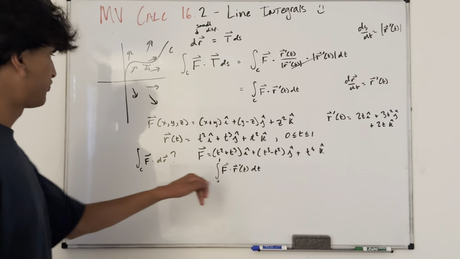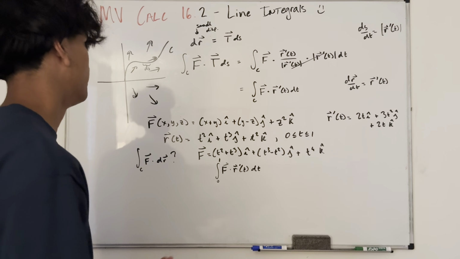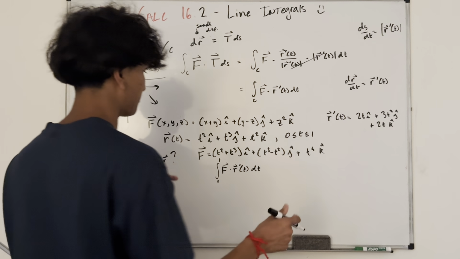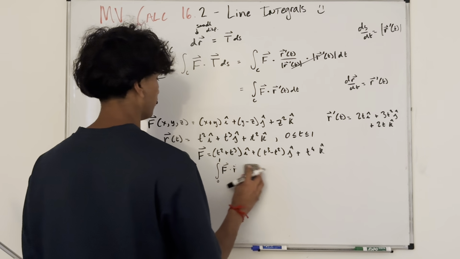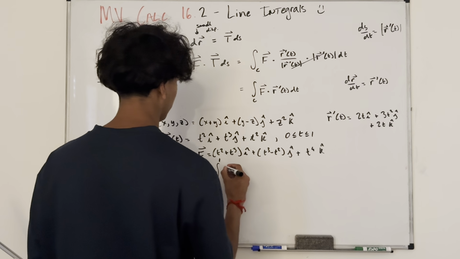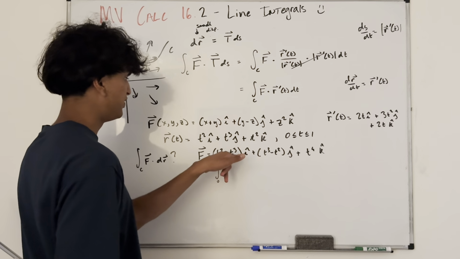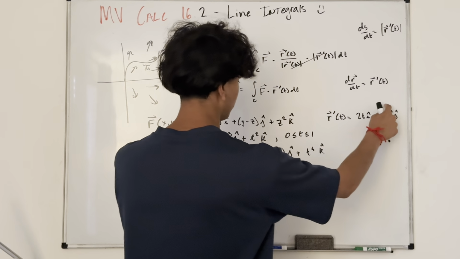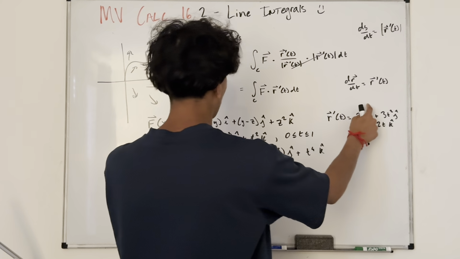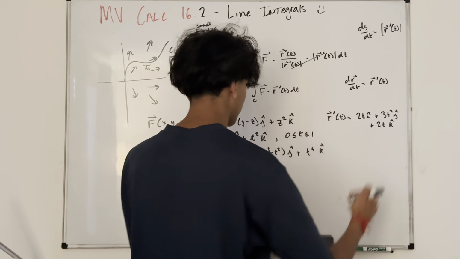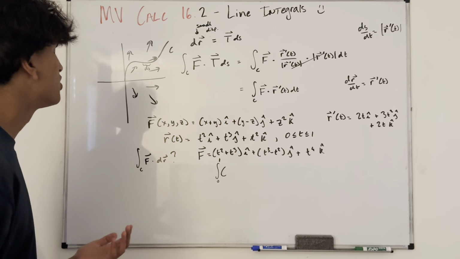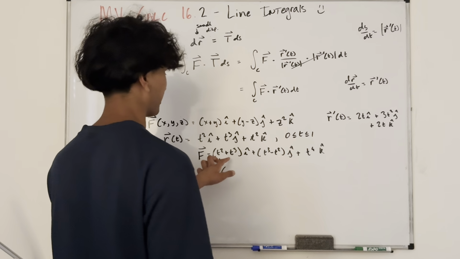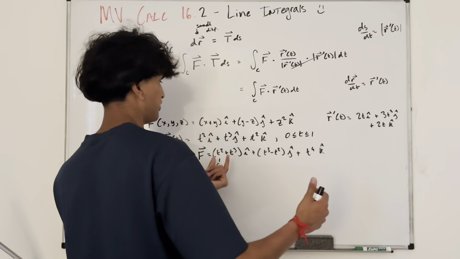So if we're going to do f dot r prime of t, then we just have to do the dot product. And the dot product's not too bad. It's just doing this times this plus this times this, so x components multiplied plus y components multiplied plus z components multiplied. I'm doing this in my head, but hopefully you can follow along.